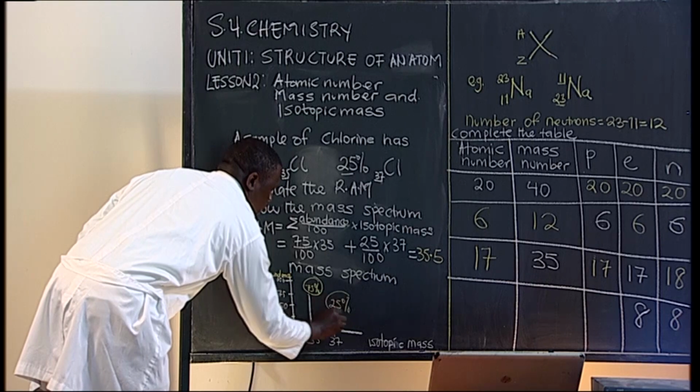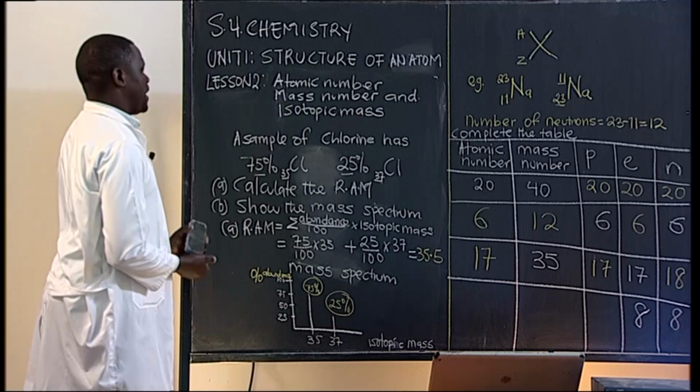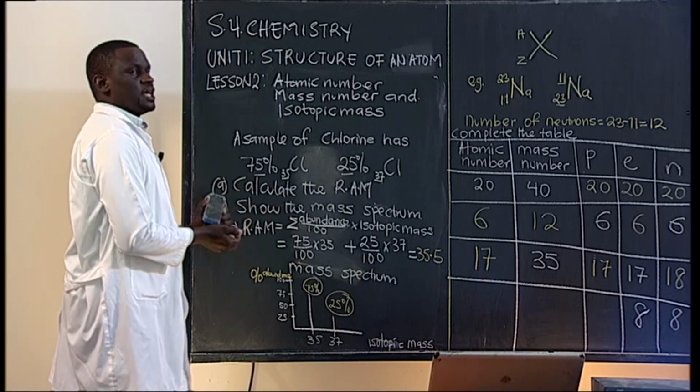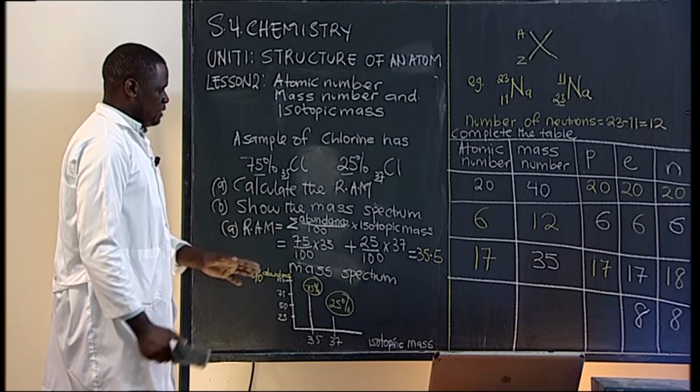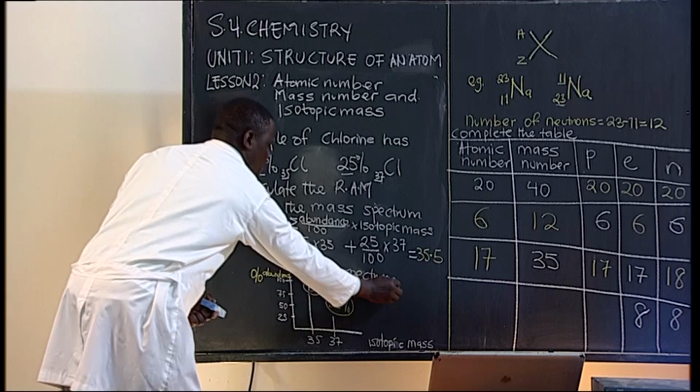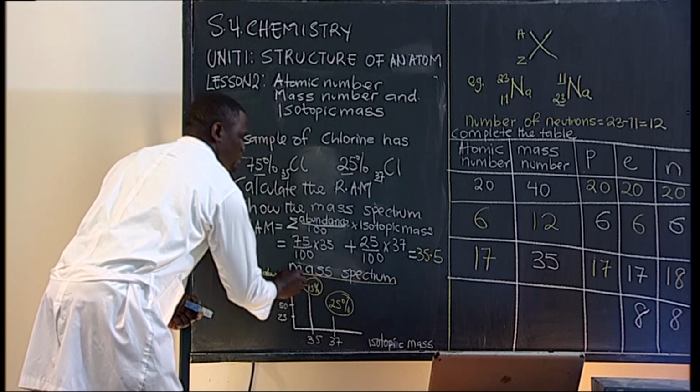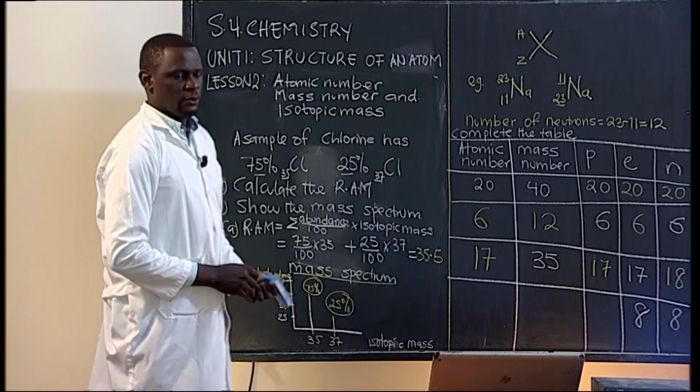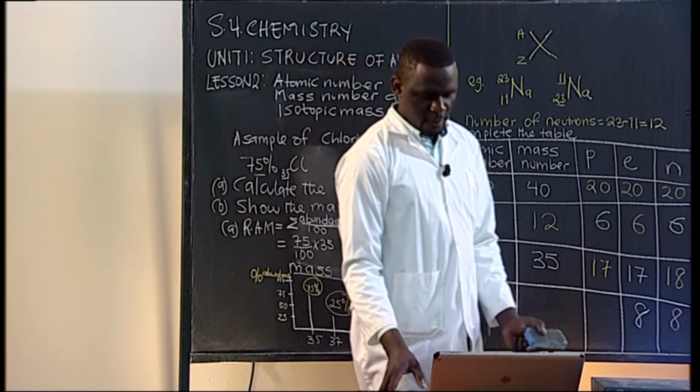So we have shown our mass spectrum. Meaning that when you pass this sample of chlorine in the mass spectrometer, you will have a graph like this, which we normally call the mass spectrum. We shall talk about the mass spectrum in our next lesson, and we do more examples.